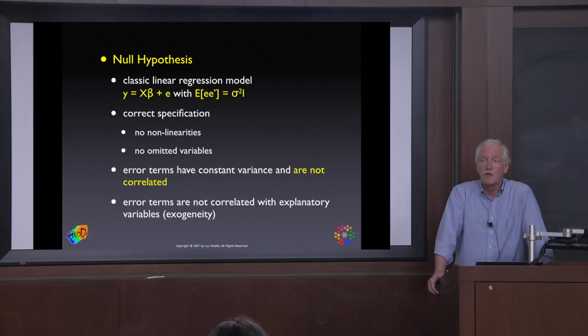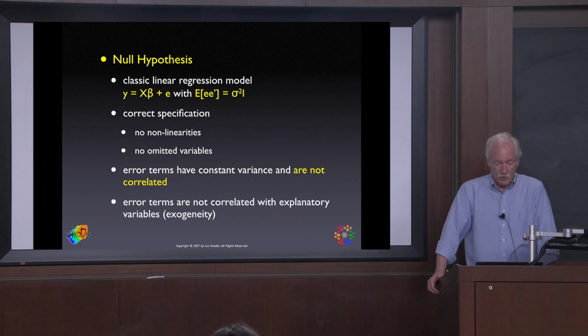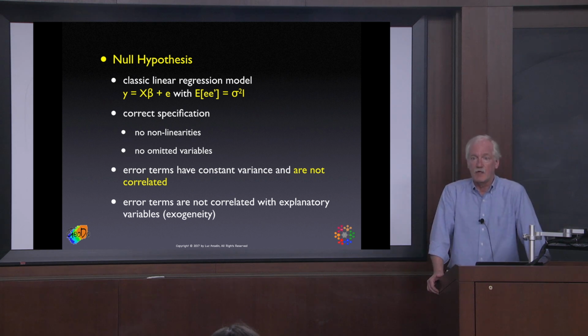So we don't model some nonlinear phenomenon with a linear model, and we have all the relevant variables in the specification. Then the other ones, which are a little more subtle, is that the error terms are indeed uncorrelated. That's what we're going to be interested in the spatial context, but also have a constant variance.